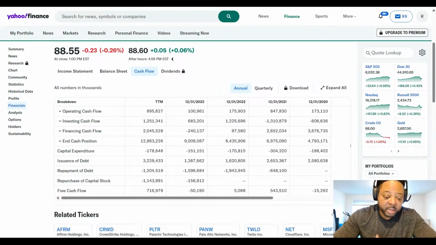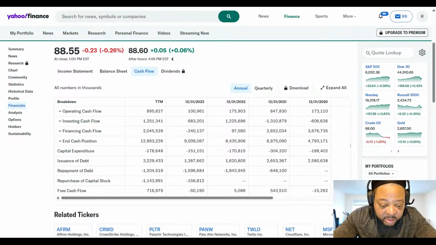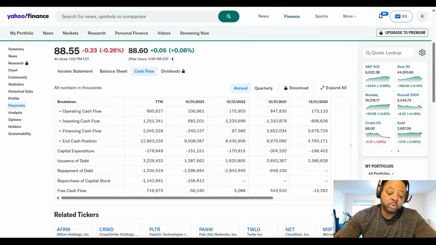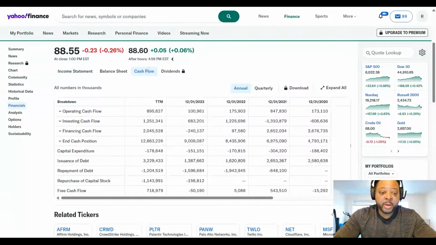So they were in the negative, but look here. Now they're back. Everybody's in full swing. Everybody's buying stuff. $716,979 in free cash flow. I think that's more than the debt that they were having.